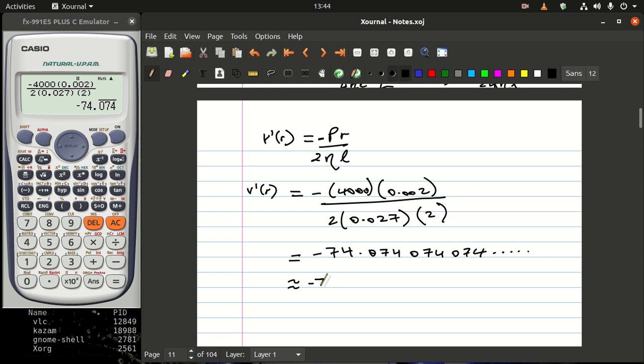It's going to be minus 74. Yeah, I think this is actually going to be what we're looking for, but here, because we are evaluating at 0.002, of course here we have v prime of 0.002. That's what we are actually looking for.